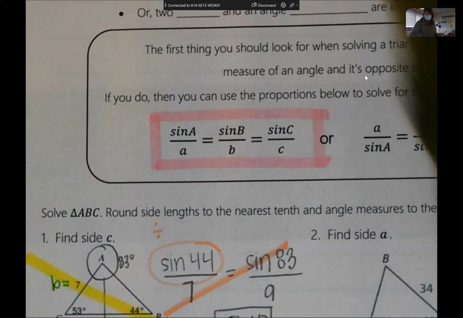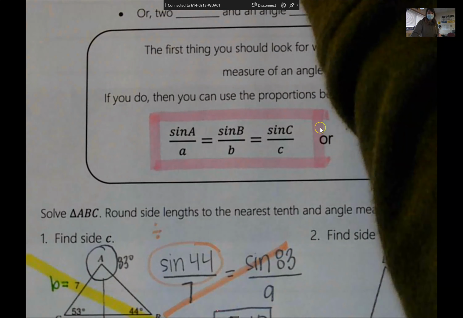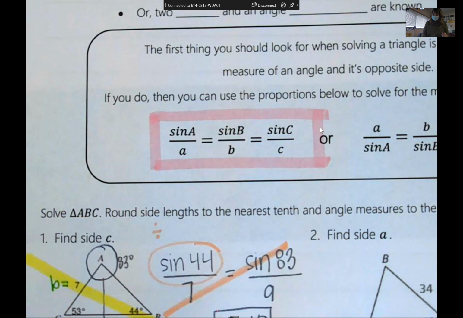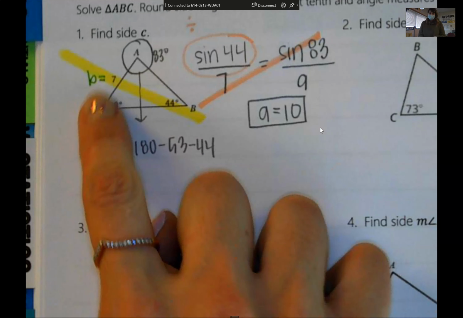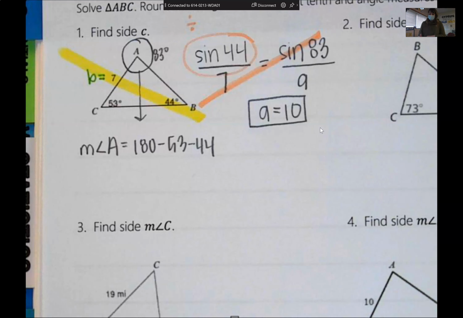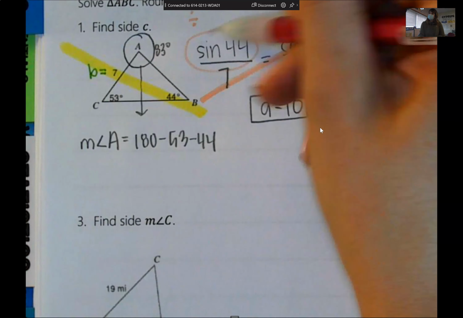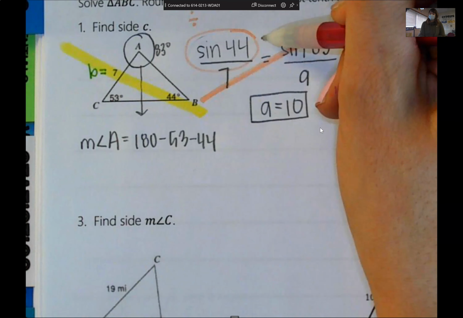So the other side that I need to find then is C. I have little a, I have little b, so now we need to find C. We're going to use this same relationship we started with.